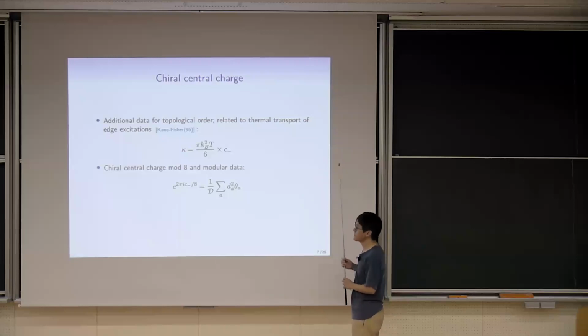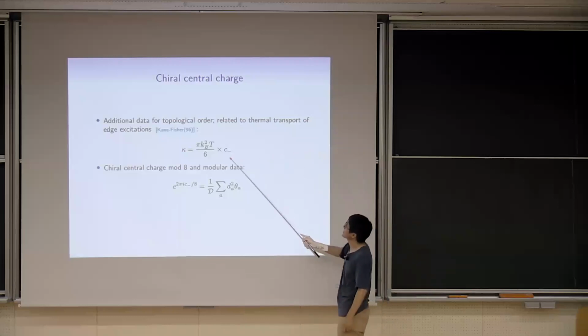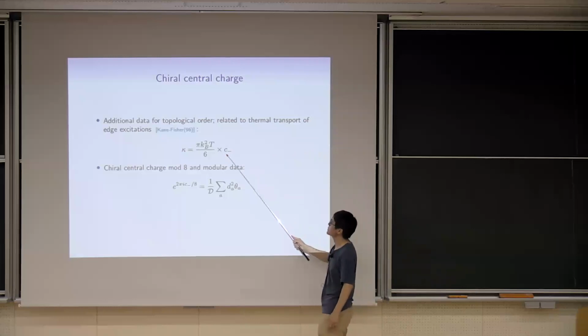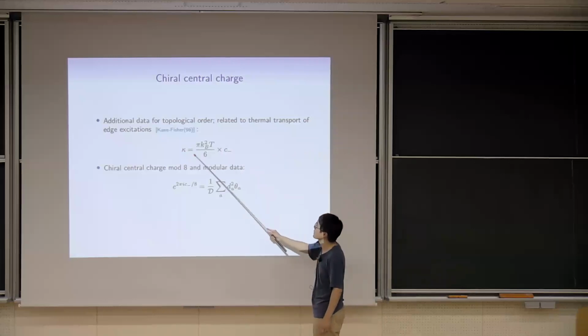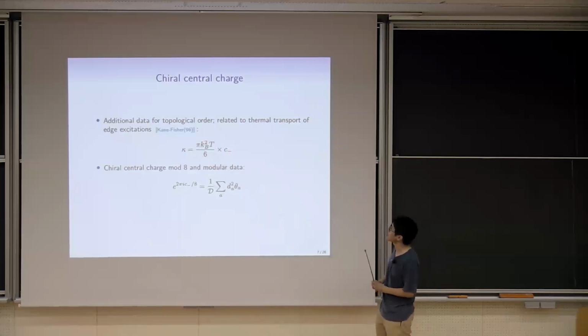Then you can ask how much heat transport I have at the boundary of a topological system, and this number C is related to the thermal transport along the edge in units of this. Okay, so that's the concept of a chiral central charge.